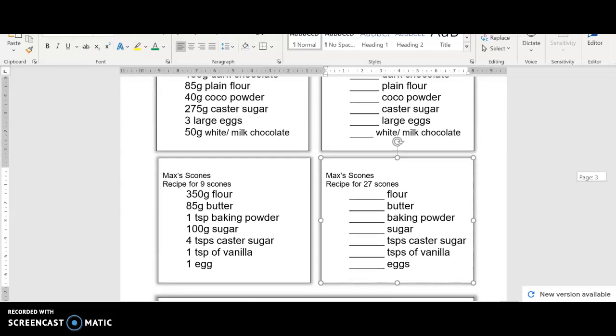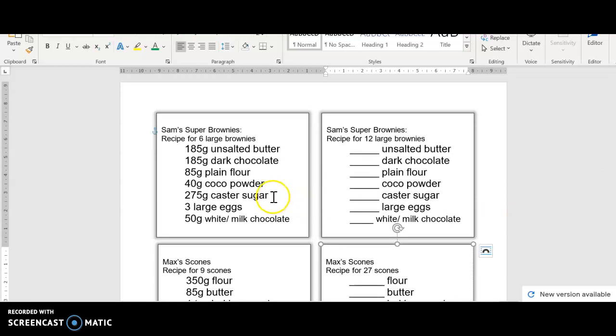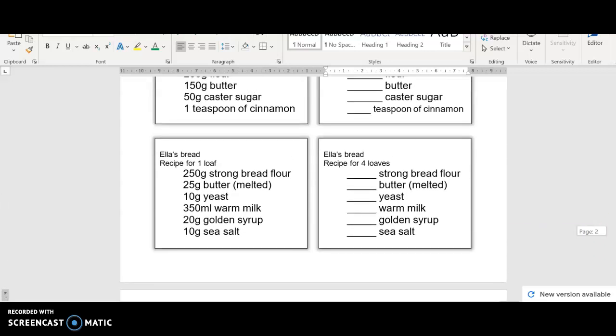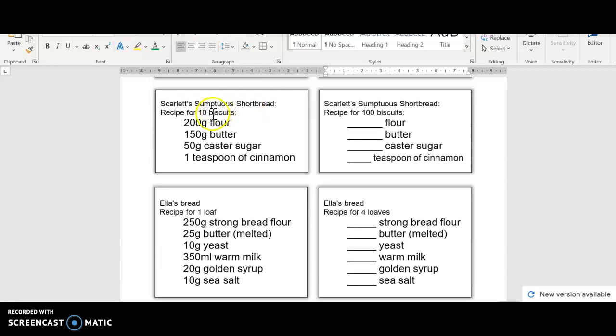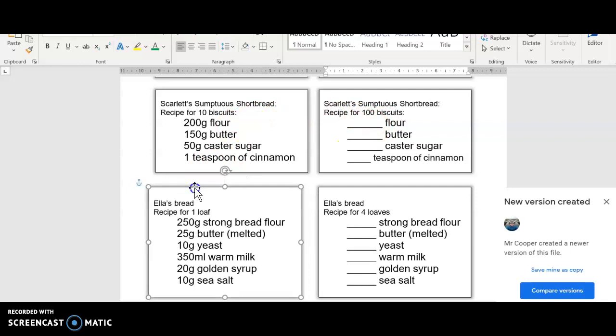Have a look at the relationship between the 2 sets of numbers and work out how many you have to either multiply by or divide by. All of these are going from smaller amounts to larger amounts, so they all require multiplications, don't they?